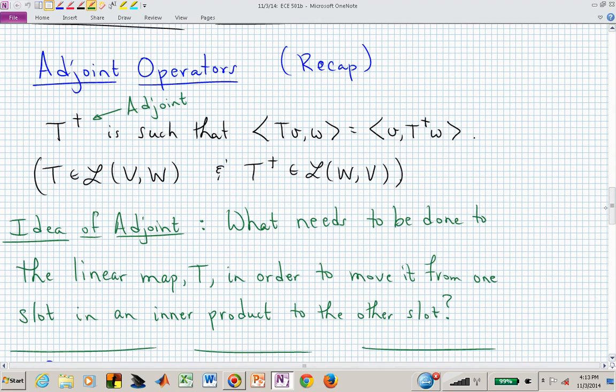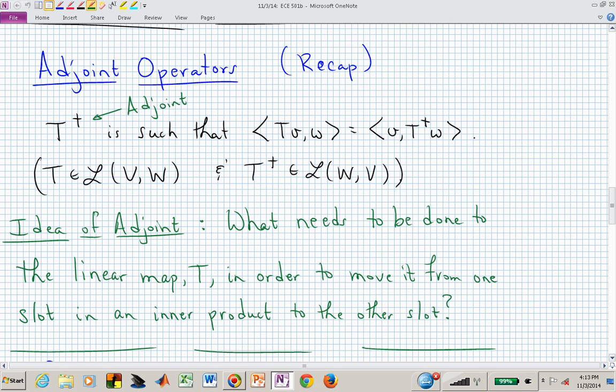Recap: adjoint and adjoint operators. Here's another way of thinking of an adjoint. An adjoint is really defined by this equality of inner products. Look at what's happening. On the left-hand side, the operator, the linear map, is in the first slot, working on V and W as our vectors. On the right-hand side, you want the inner product to be equivalent to the left-hand side, but now that operator has been slid to the second slot.